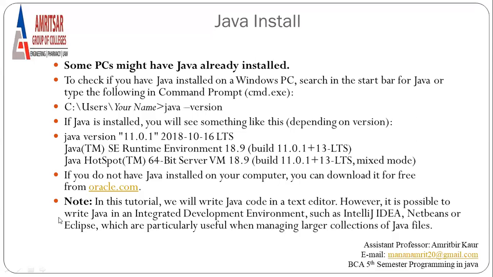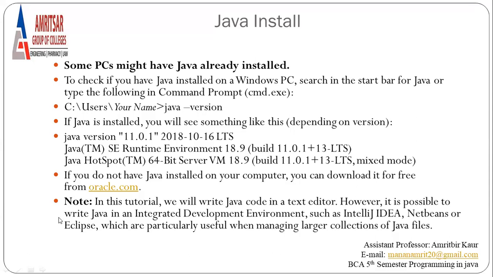If you don't have Java installed on your system, you can download it free from oracle.com. You can get the setup of Java from oracle.com free of cost. In this tutorial, we will learn how to write Java code in a text editor, and about compilation and execution.